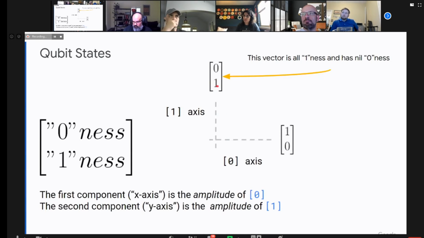Similarly, this 1 up here is 100% 1-ness and no 0-ness. You can think of these like two different coordinates. This is 0 on the x-axis and 1 on the y-axis. 1 on the x-axis and 0 on the y-axis. But let's throw out x and y. We're talking about 1-ness and 0-ness. Okay?